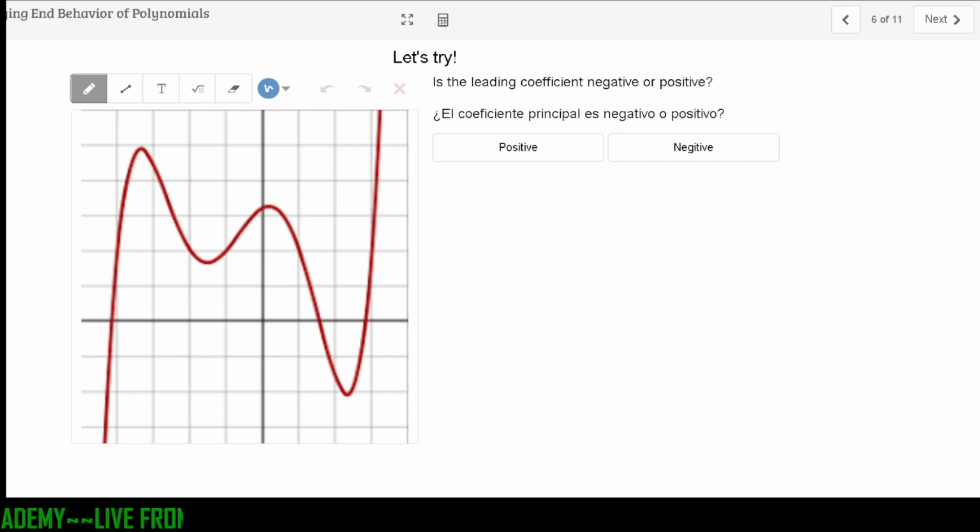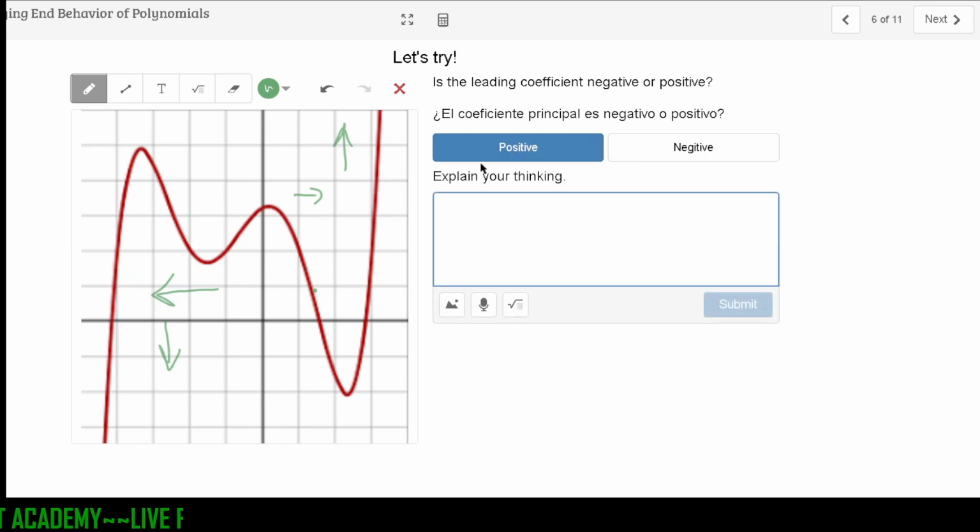As we are moving to the left, meaning as x goes to negative infinity, our y values also go to negative infinity because they go down. And as we move to the right, our y values increase. So that's going to be that positive leading coefficient.